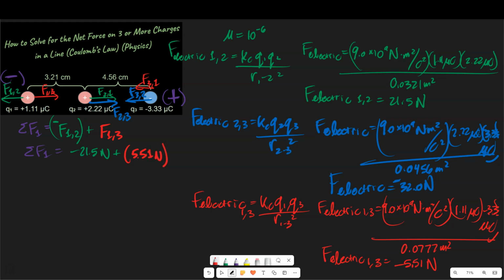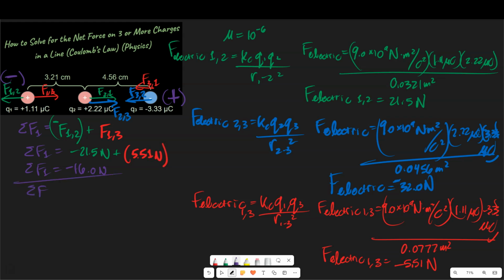So notice that this was originally a negative 5.5. In fact, I started to write that, but then I remembered, oh, that was just telling us it was attractive. Those forces were attractive to begin with. So if we do the math here, we can say the sum of the forces on 1 are equal to about 16 newtons in the negative direction. So we're going to call that negative 16.